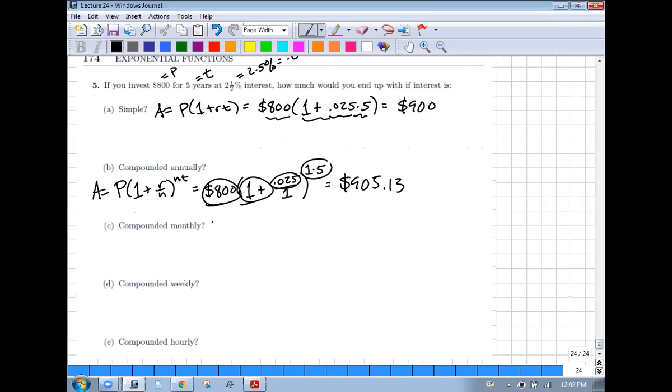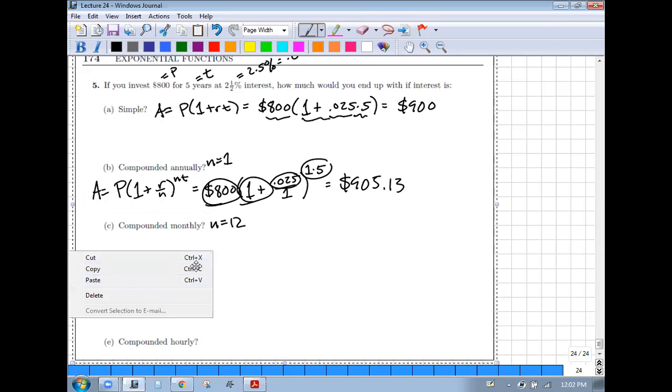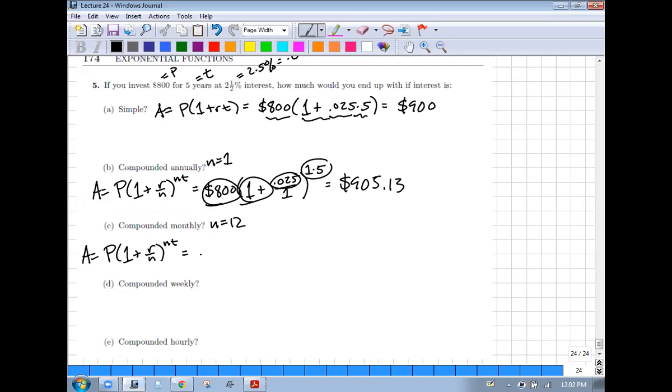If we're compounding monthly, I forgot to put up here, N is 1 for annually. Monthly, N is 12. So we have the same formula. We have our 800, 1 plus our interest rate, but now we have to divide it by 12. We have 12 times 5. Okay, this is 60.